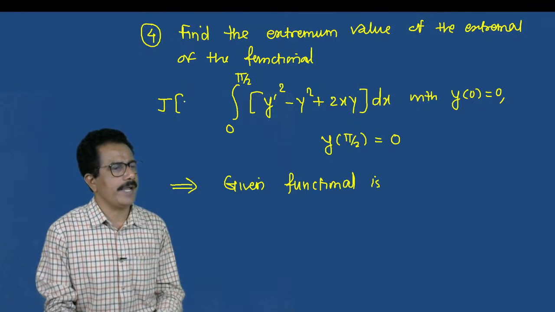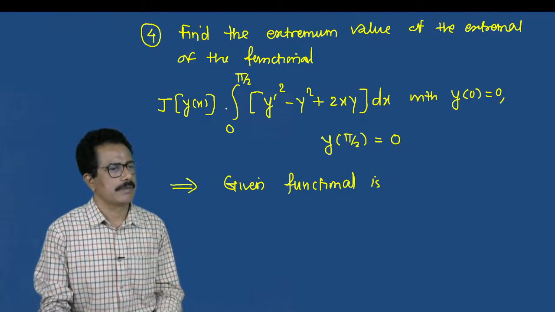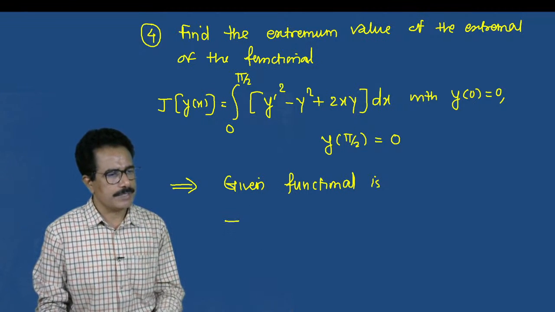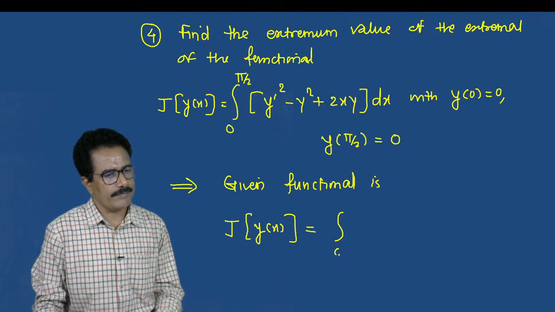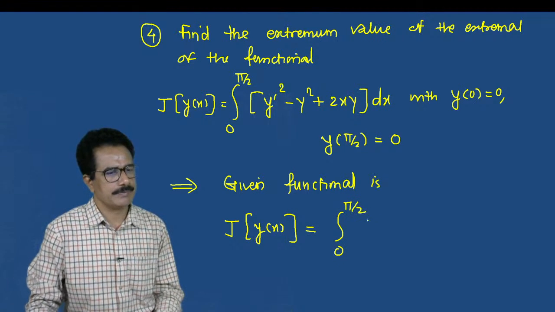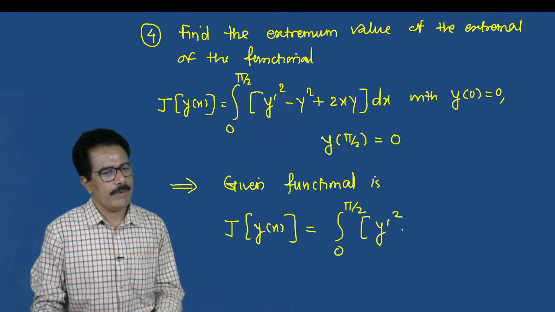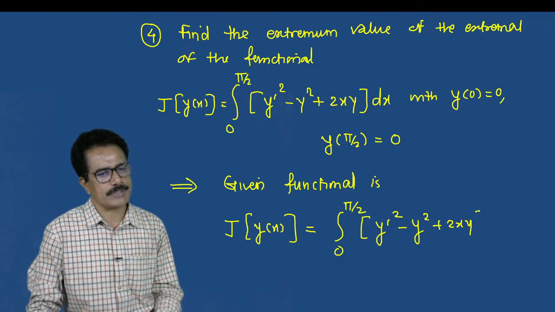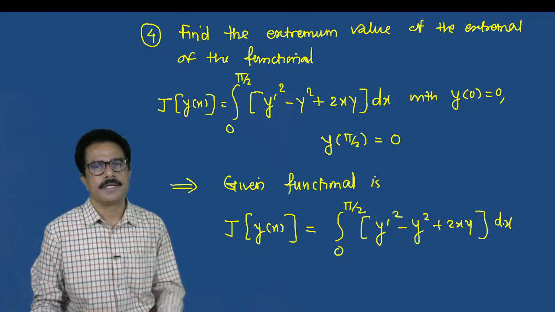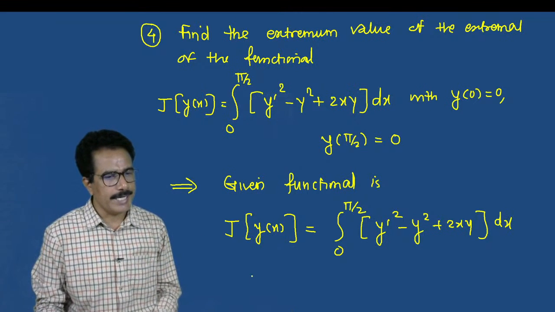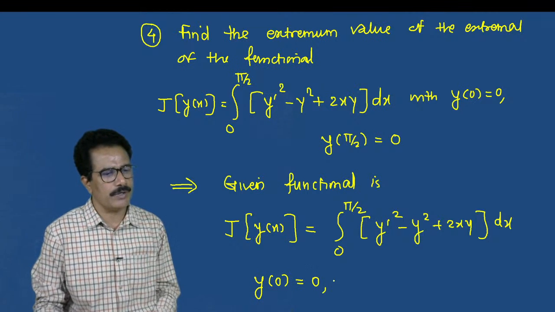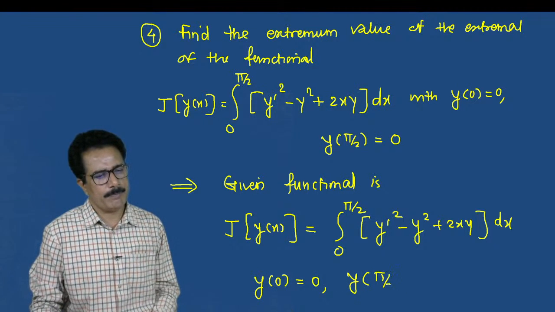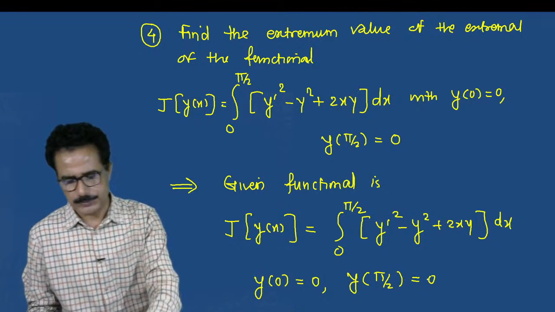J of y of x is equal to integral from 0 to pi by 2 y dash square minus y square plus 2xy dx. Is it okay? Now here also we have given y of 0 is equal to 0, y of pi by 2 is equal to 0.